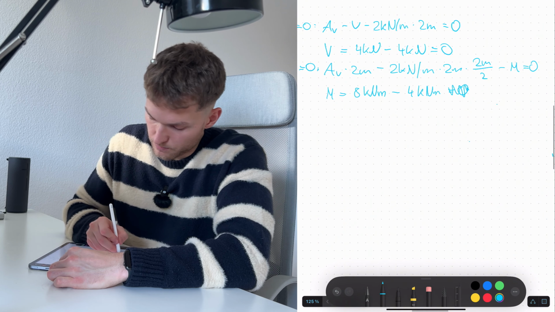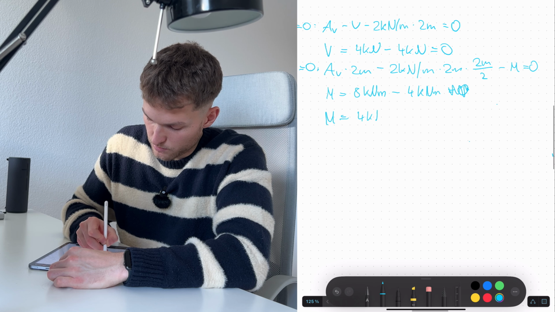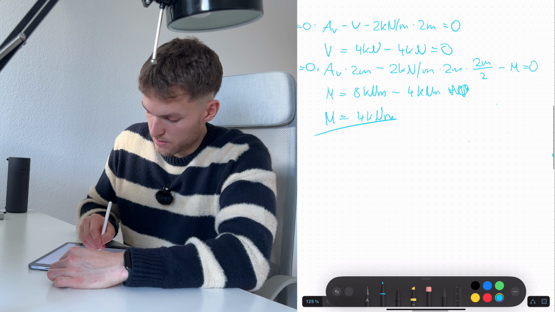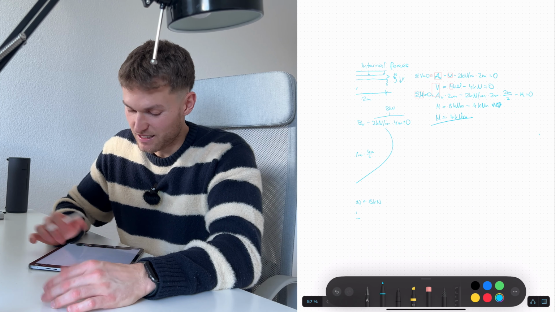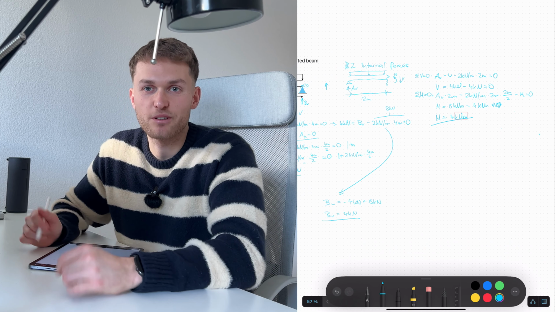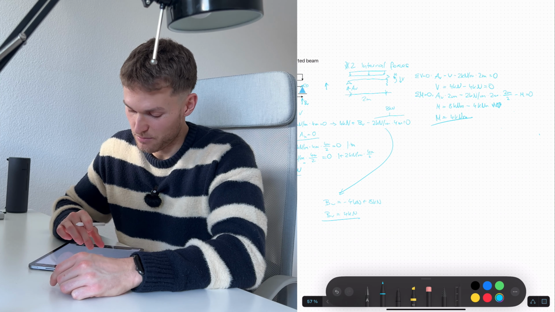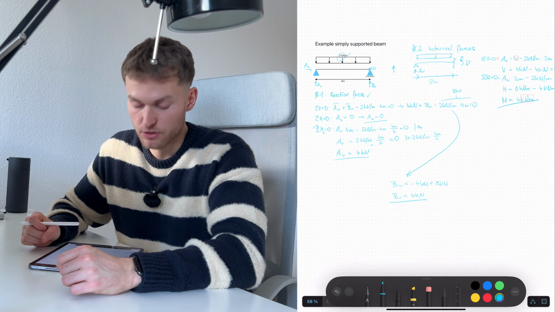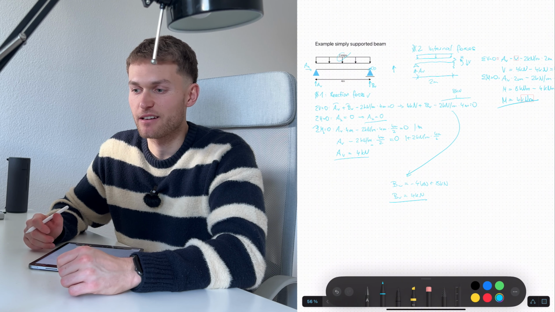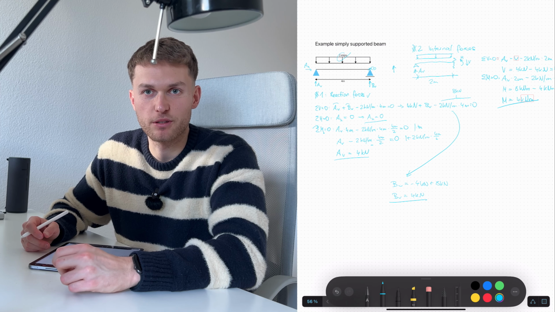Sorry, not equal, but this means that our moment is 4 kilonewton meter. All right, so that was it. It was very messy, and let me know in the comments if you like this type of calculations here on the iPad. But I hope you maybe understood the three equilibrium equations a bit more.